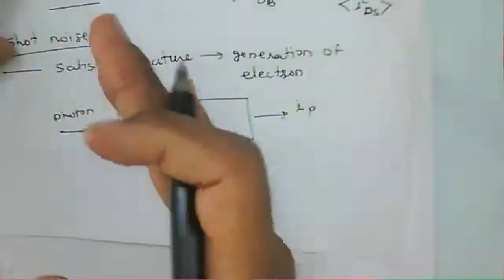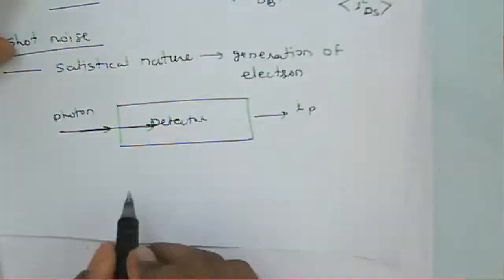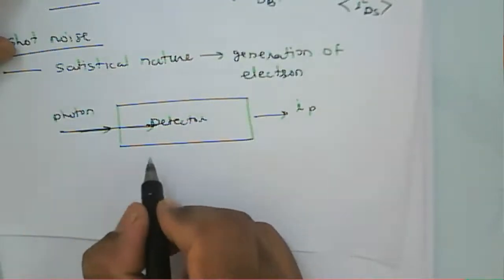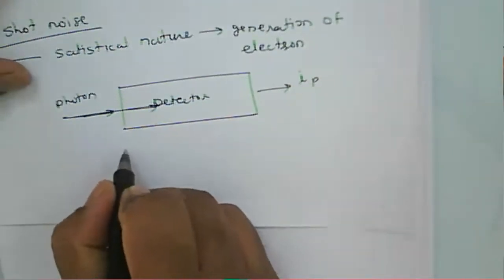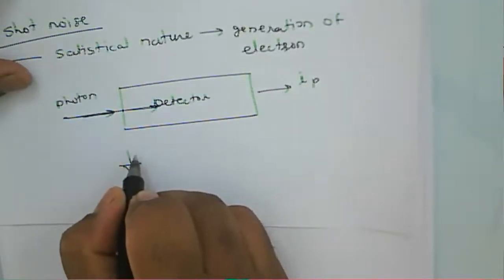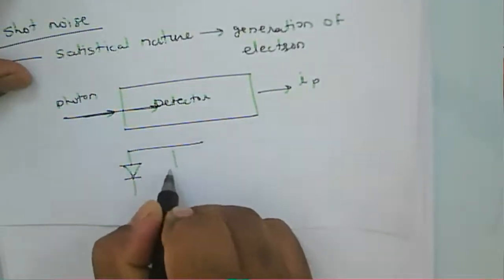Now if you see the equivalent circuit of this detector, it has a capacitance. So I'll just draw the equivalent circuit of a detector here.